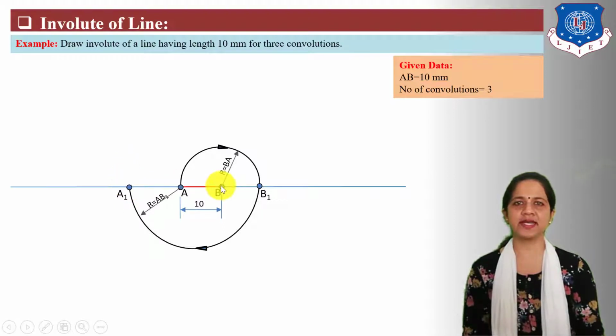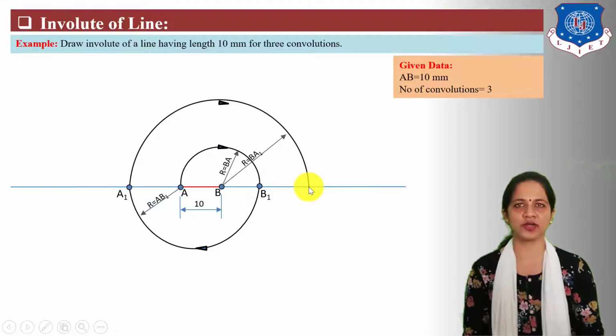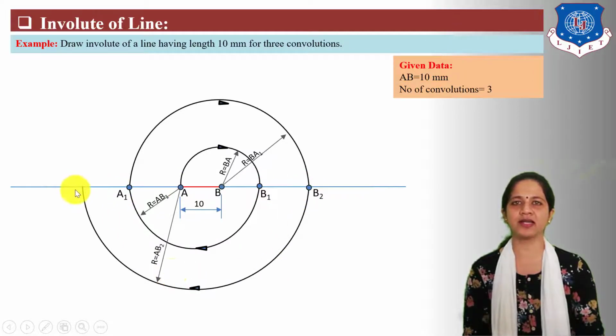Next, take center B, radius BA1 and draw an arc up to this horizontal reference and mark here B2 point. Next, take center A, radius AB2 and draw an arc up to this horizontal reference and mark here A2 point.